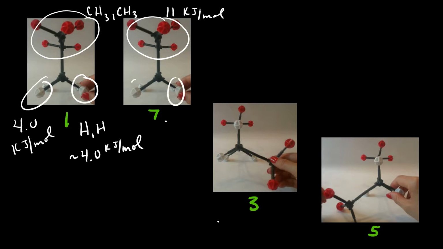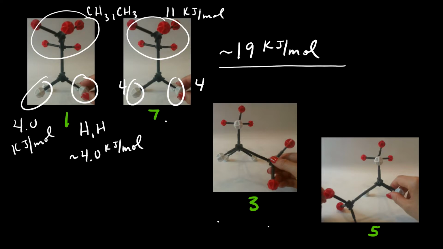And so then you have another 2 of those HH interactions going on here, just like in structure 1. And so all together, if we have 4 kJ, and 11 kJ, so that's 11 plus 8, or about 19 kJ per mole in terms of rotational energy. That's how much it would cost to be able to go through that particular conformation.